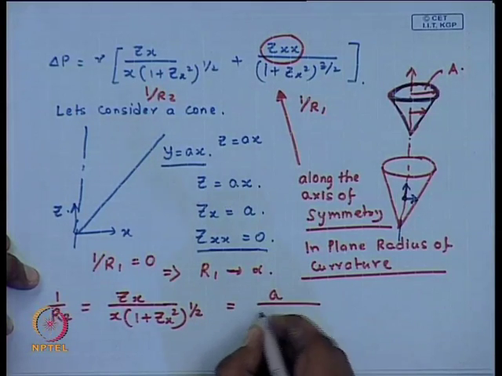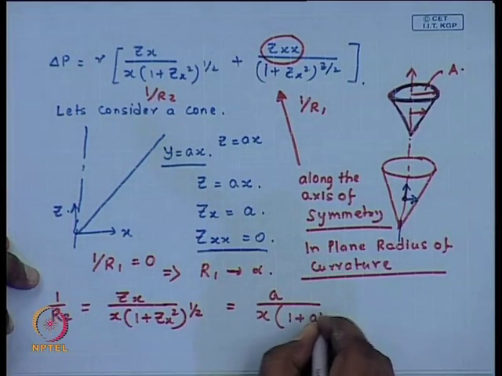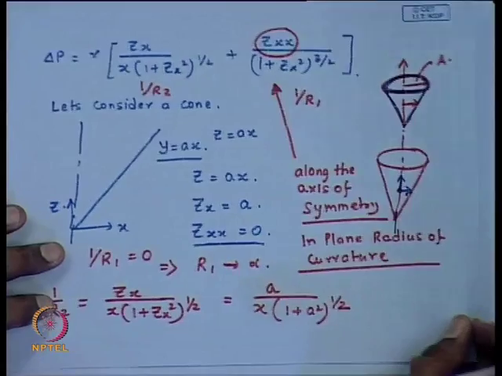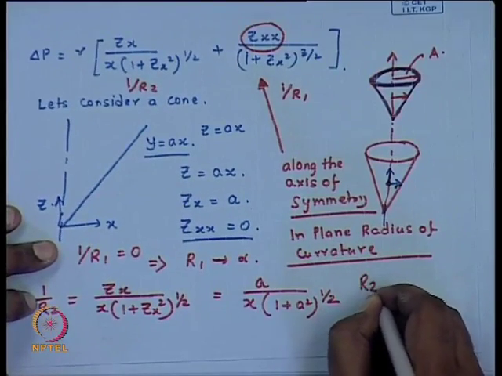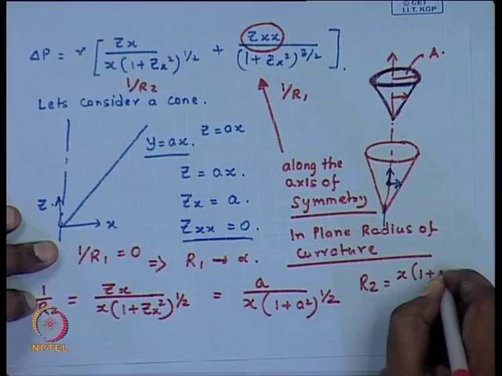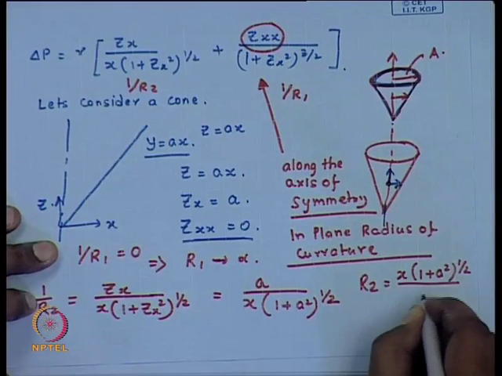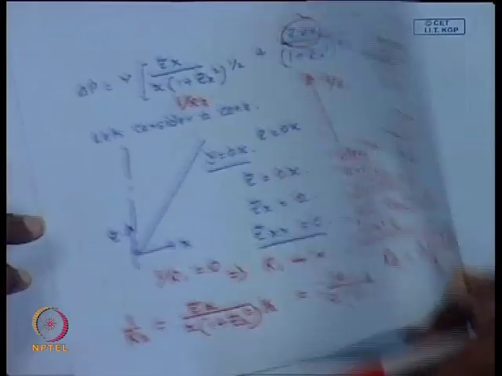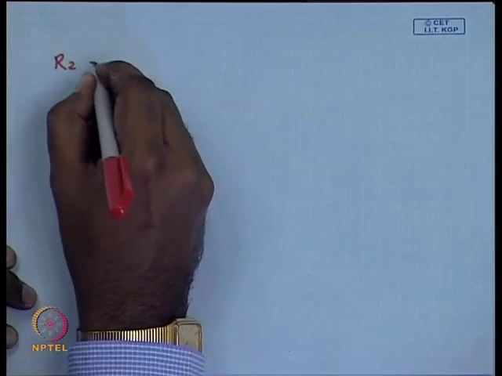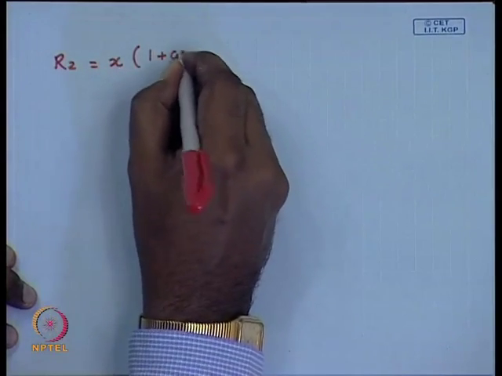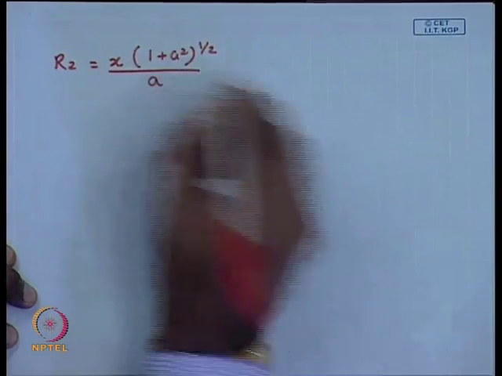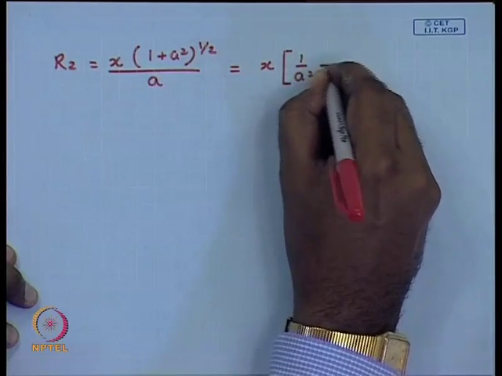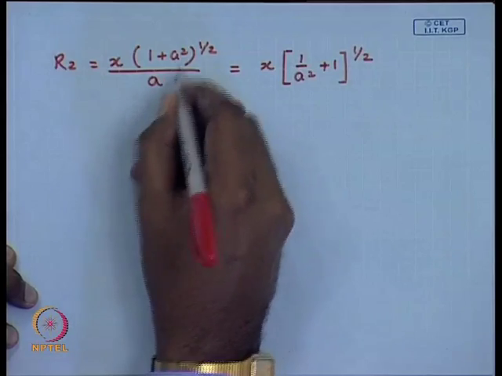if you substitute it, okay. So, from here what you can get is R 2, right, or we can further simplify or write it as, we just take this A inside the parenthesis.